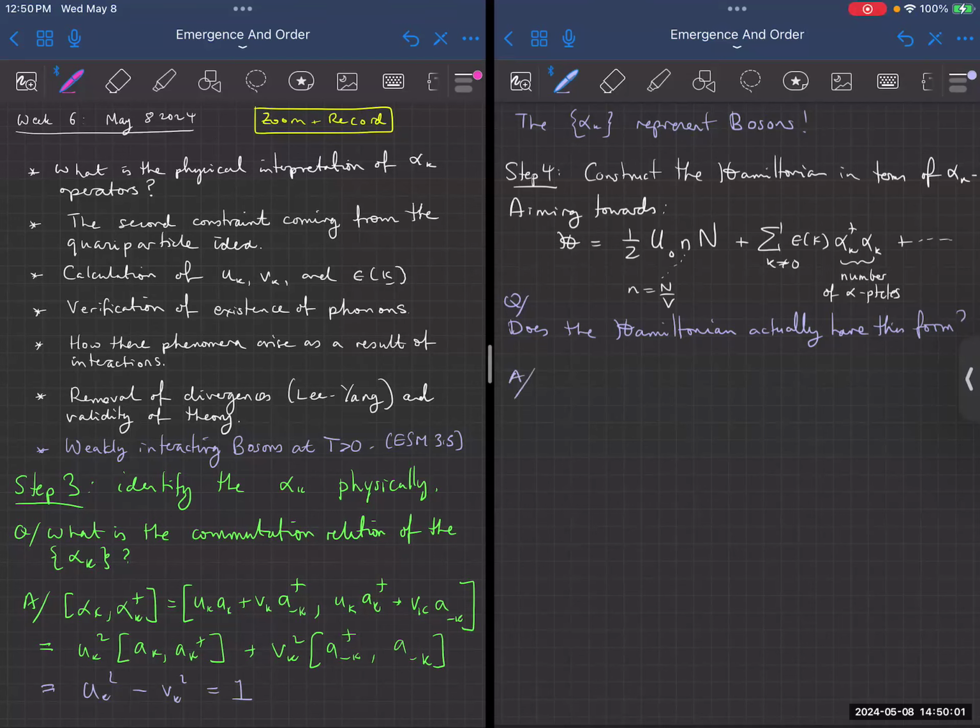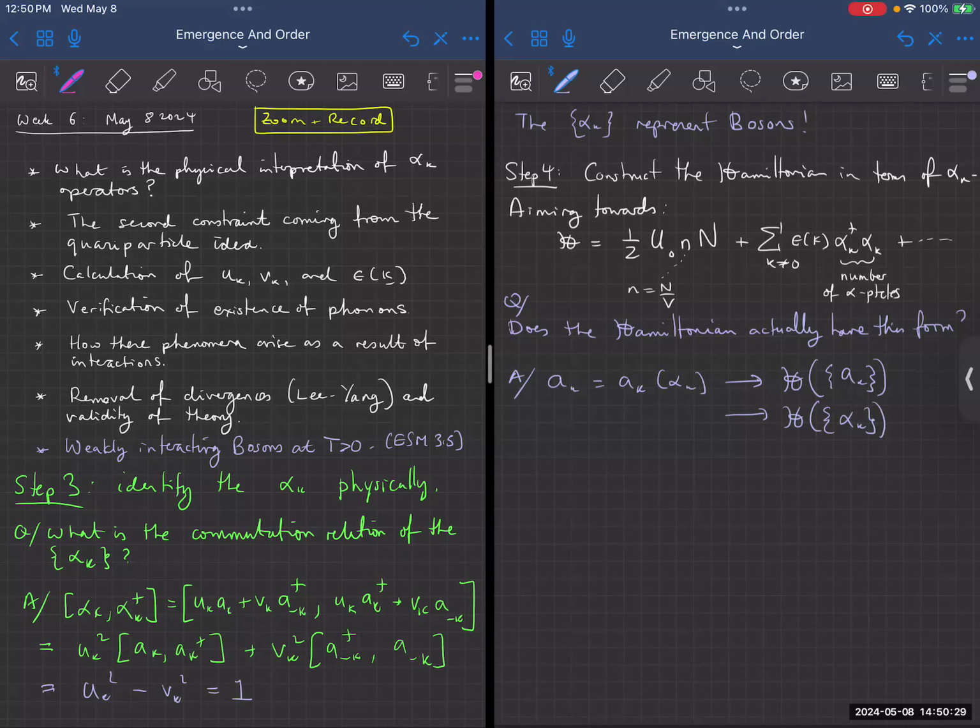The strategy is to take the a_k's, which are some function of the alpha_k's, and put those into the Hamiltonian written down as a function of the a's. And then from that, we will get the Hamiltonian in terms of the alphas. So that's what we're going to do next.